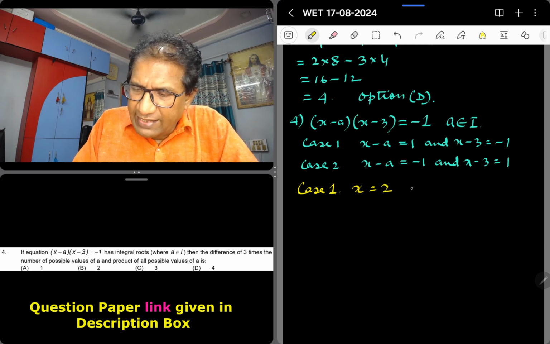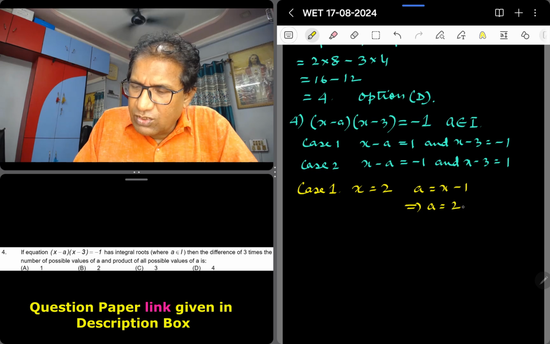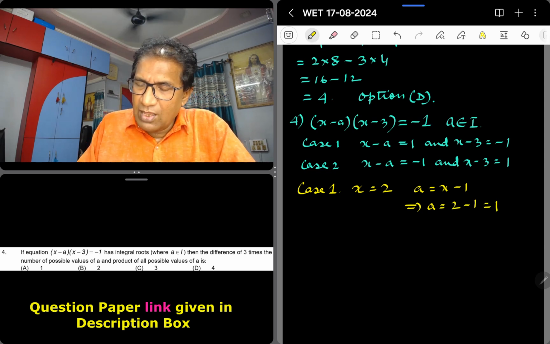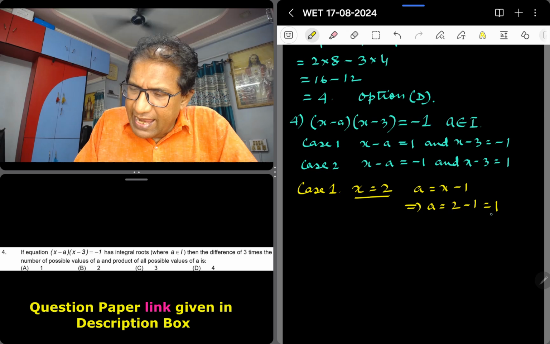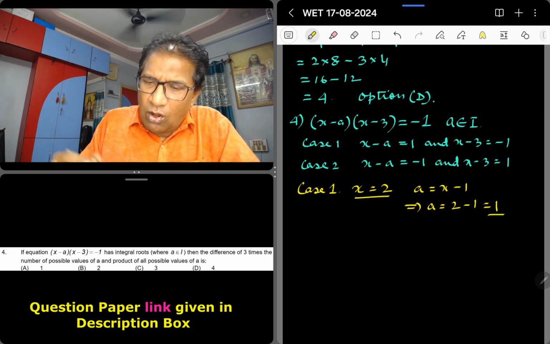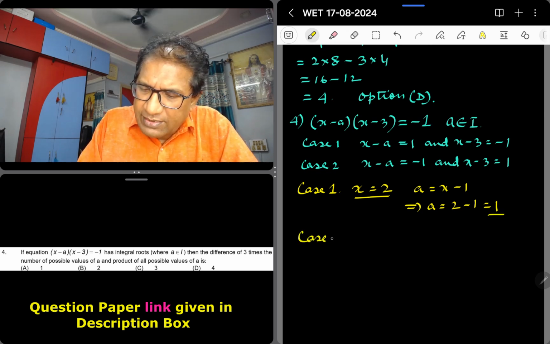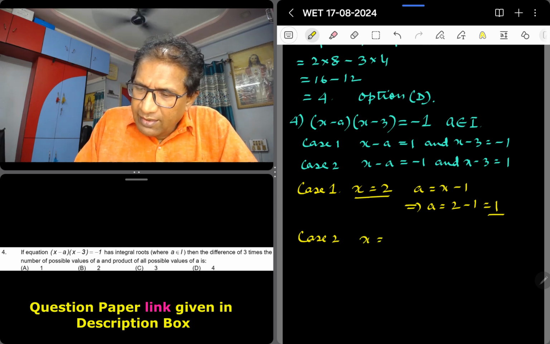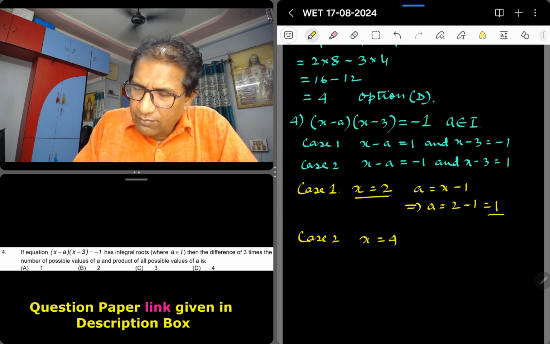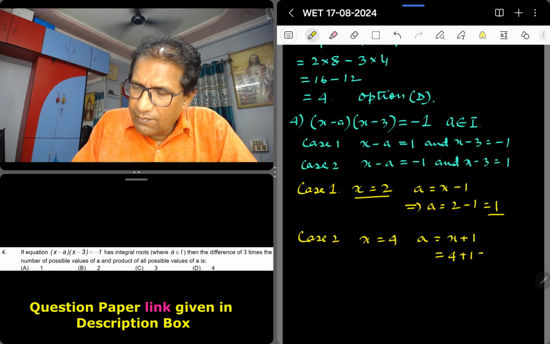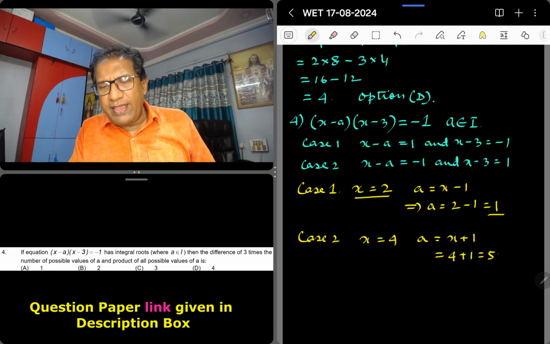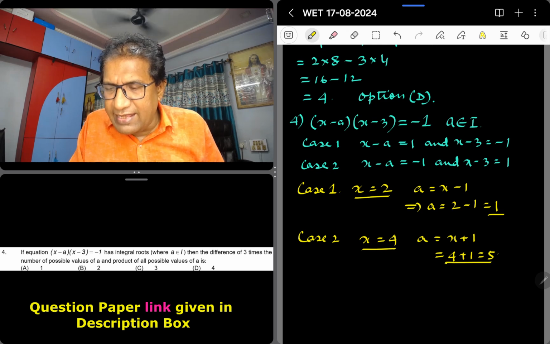So from there, we will get the value of A from the first one. That is, A equals x minus 1, which implies A is 2 minus 1, that is 1. So x can be 2 and A can be 1. This is one solution. And case 2 is x is 4, and from the first one, A is 5. So case 2 is x is 4 and A is 5.